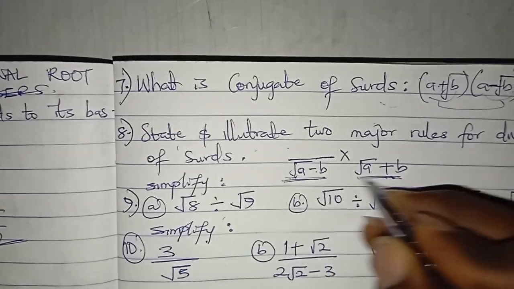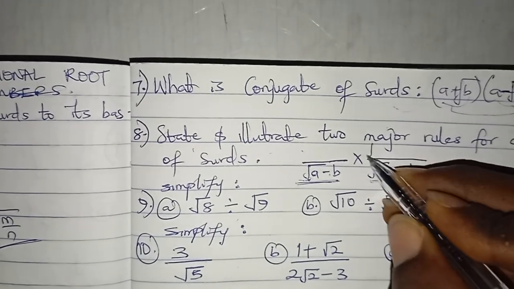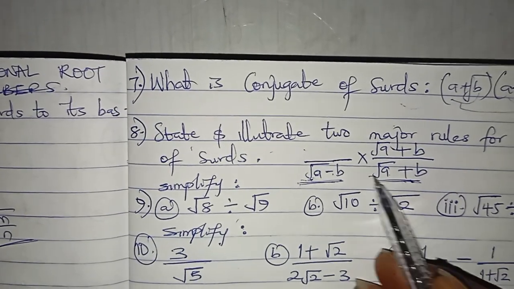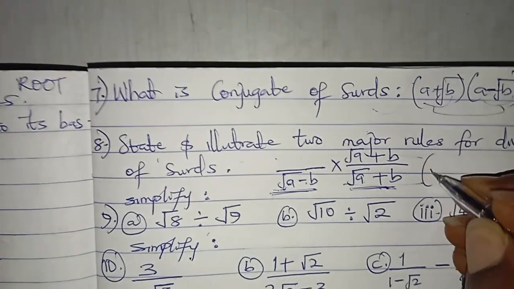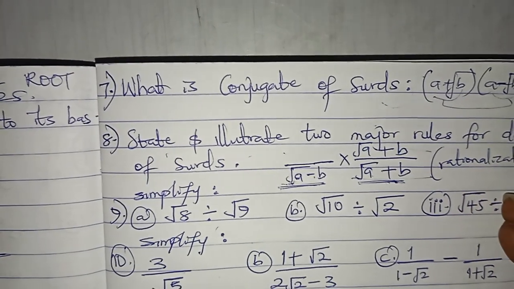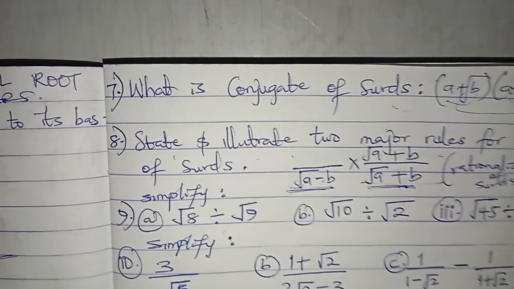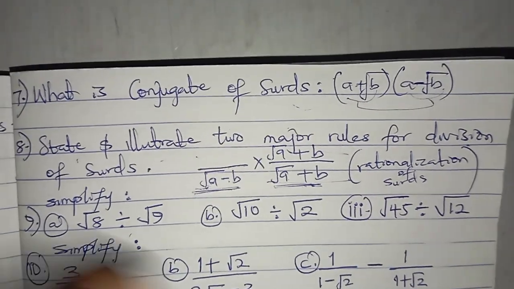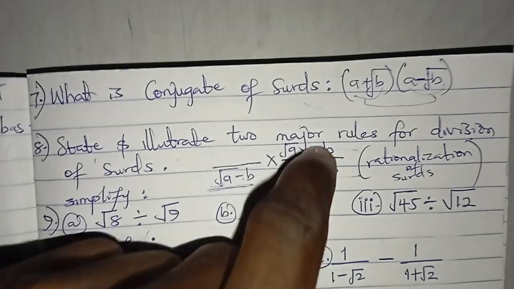Once we do this, we employ rationalization, which is doing it for the numerator and for the denominator. Whatever we do for the denominator, we do for the numerator. So the two principles we employ when doing division of surds are conjugate of surds and rationalization of surds.